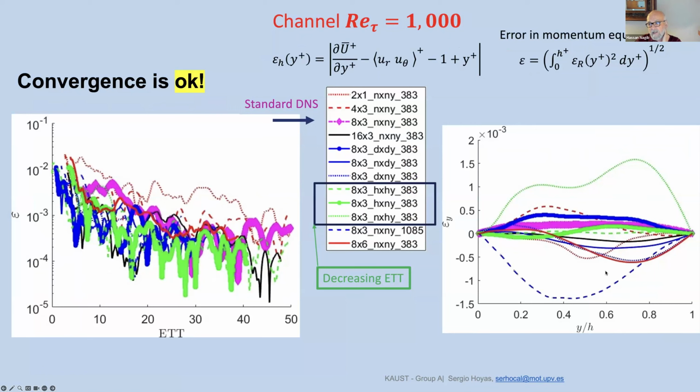So for the channel, you can see, I told you this is the most common standard one, but some of the cases are not very well converged across the difference. And then when you integrate this, you get this number, and the different green ones only reach 10 to the minus 4. But still, most of them are okay in convergence.